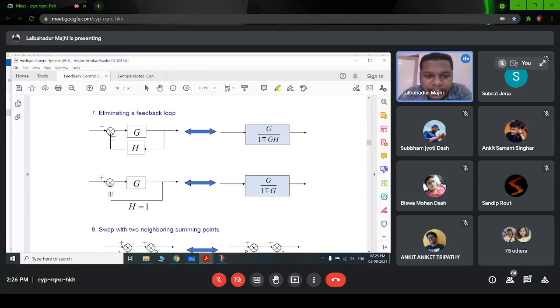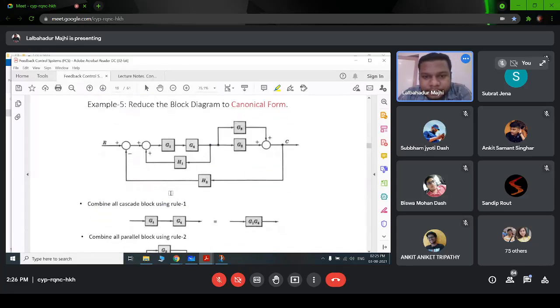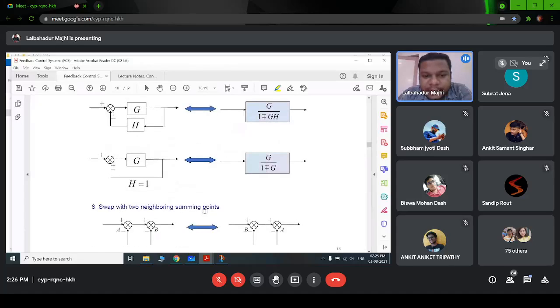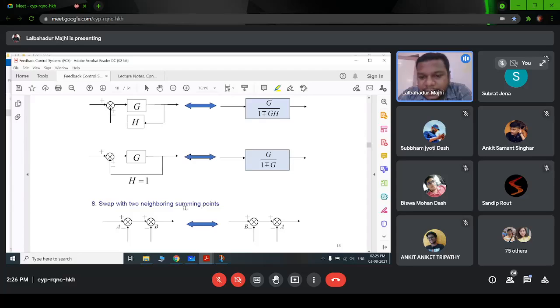It is a unity feedback path, so that is why it is represented with a single straight line. We can also swap two neighboring summing points, but I will not suggest swapping two neighboring summing points. It may create a problem.